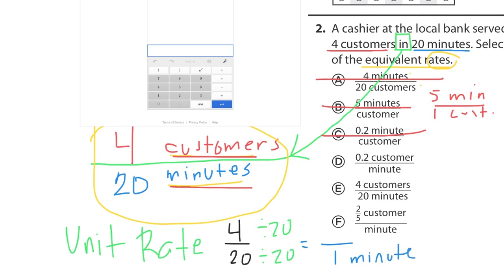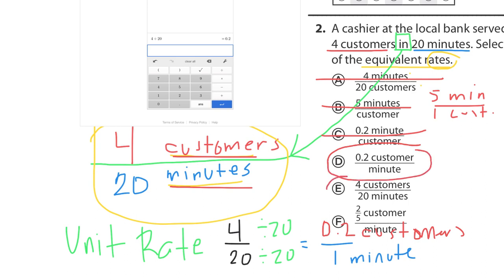And let's see what our numerator is going to be. It's 4 divided by 20. That is 0.2. So let's put that here. 0.2 customers, right? So now we have D makes sense, 0.2 customers per minute.